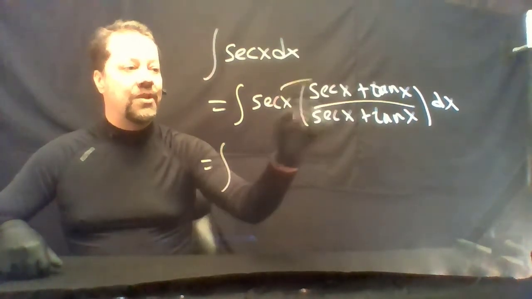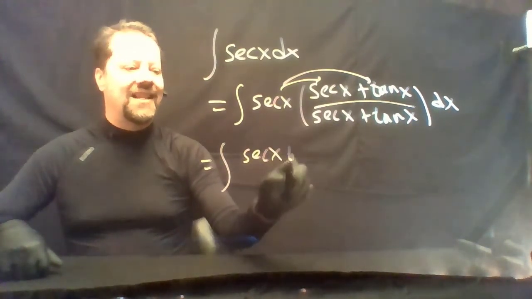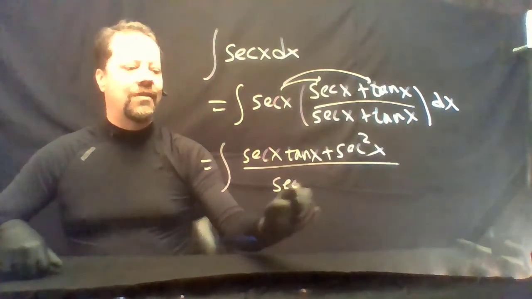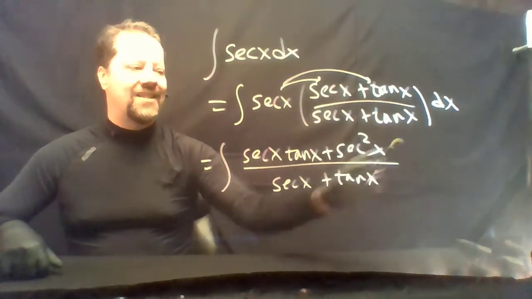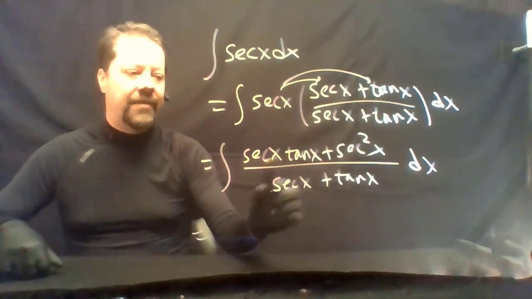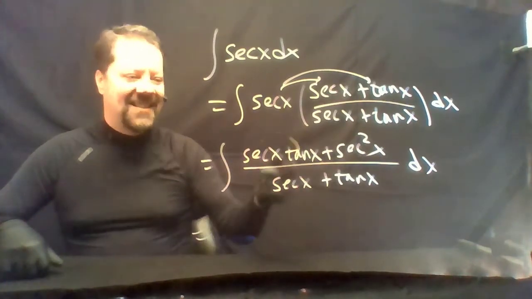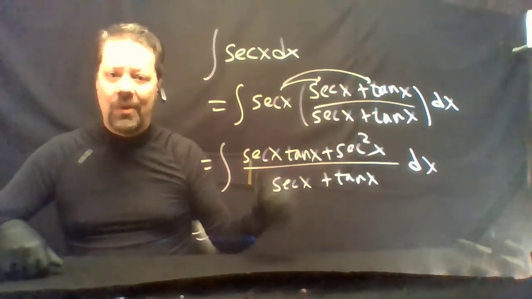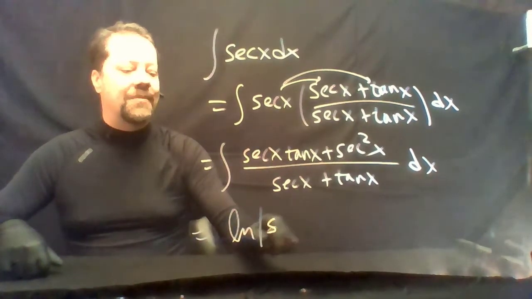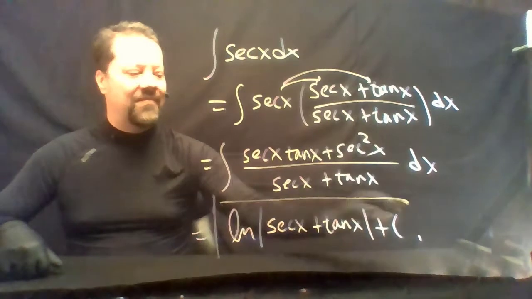And then we'll distribute, but we'll reverse the order of the product to get secant x tangent x plus secant squared x, still over secant x plus tangent x dx. At this time, you can see that the secant has a derivative of secant tangent, and tangent has a derivative of secant squared. That means the integrand is of the form f prime over f. We immediately deduce that the integral is the natural log of the absolute value of secant x plus tangent x plus c.